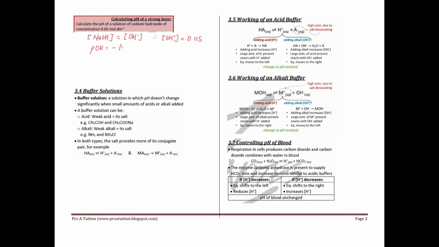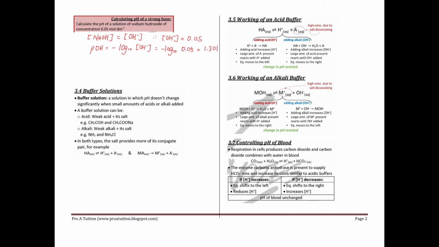pOH equal to negative log [OH-], which is negative log 0.05. Then press the calculator. Then you get 1.301. You get pOH.